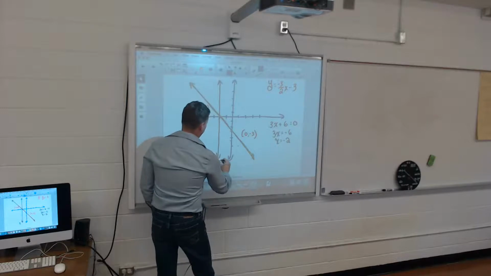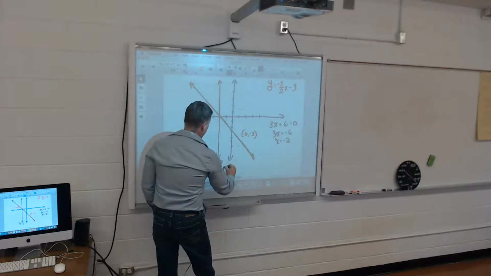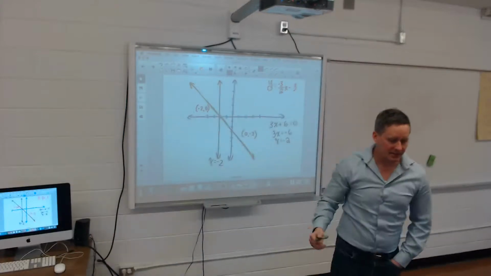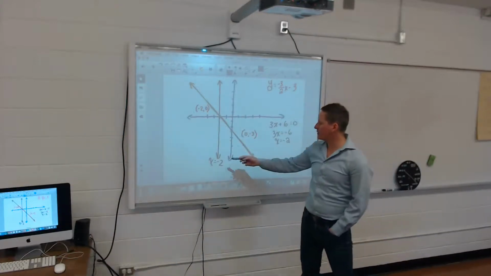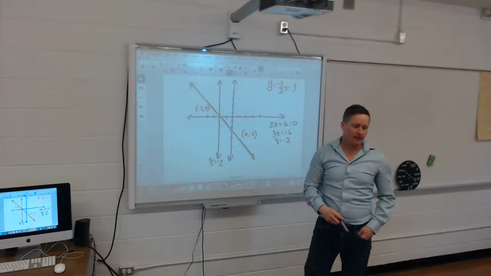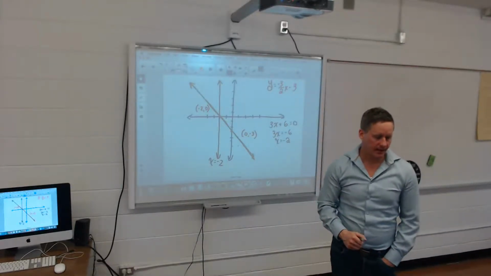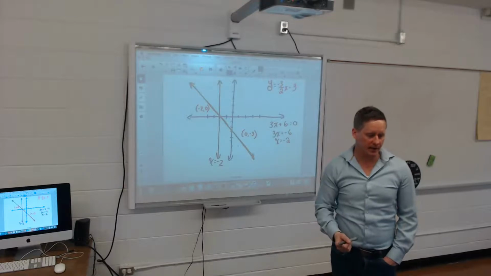This is the graph of x equals negative 2. It doesn't matter what y is, x is going to be equal to negative 2. It's a vertical line that goes straight up and straight down. And it goes through x equals negative 2.